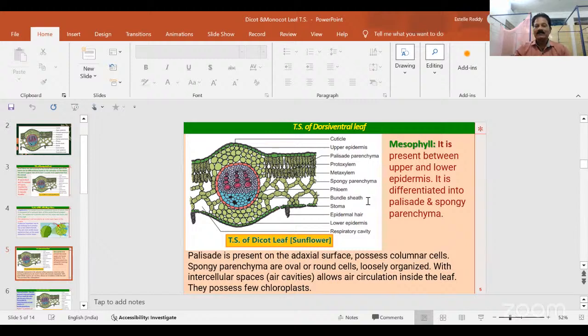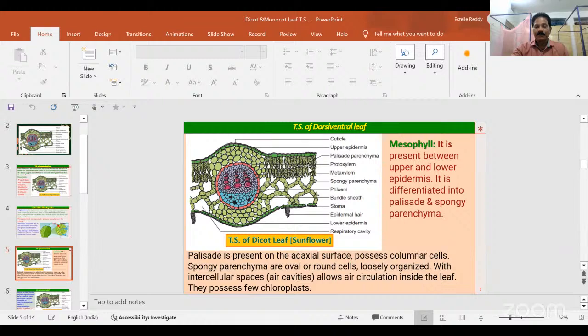Between the upper epidermis and lower epidermis, this ground green-colored parenchyma is called chlorenchymatous tissue, present between the two layers. Generally, in a dicot leaf, you can see just below the upper epidermis, towards the upper side, towards the ventral side, the mesophyll has vertically elongated, closely packed cells with a large number of chloroplasts.